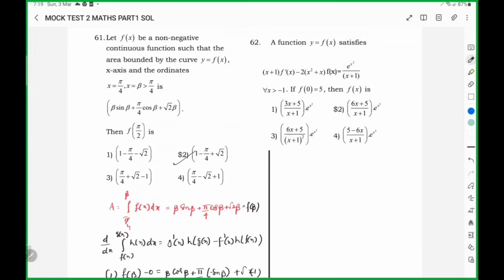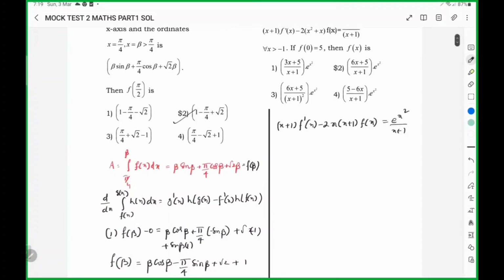Here x plus 1 f dash x minus 2 times x into x plus 1. F of x is e power x square by x plus 1. F dash x minus 2x f of x is x plus 1 whole square.